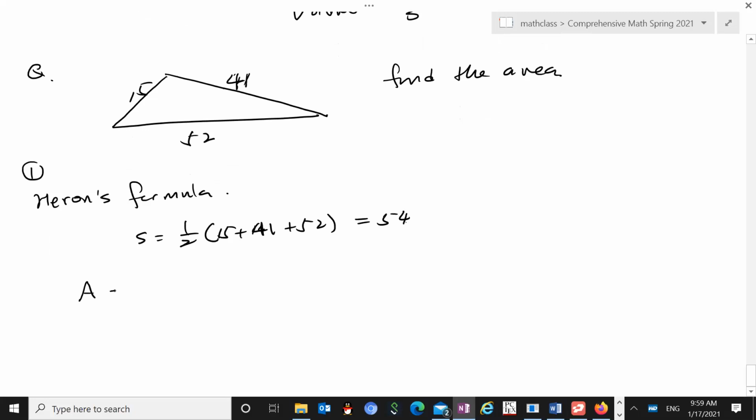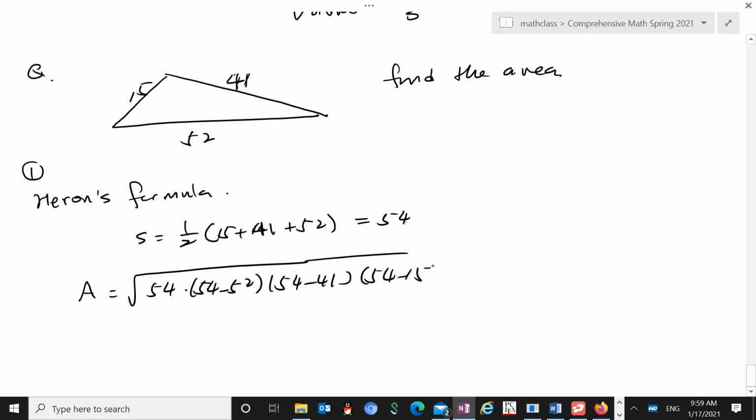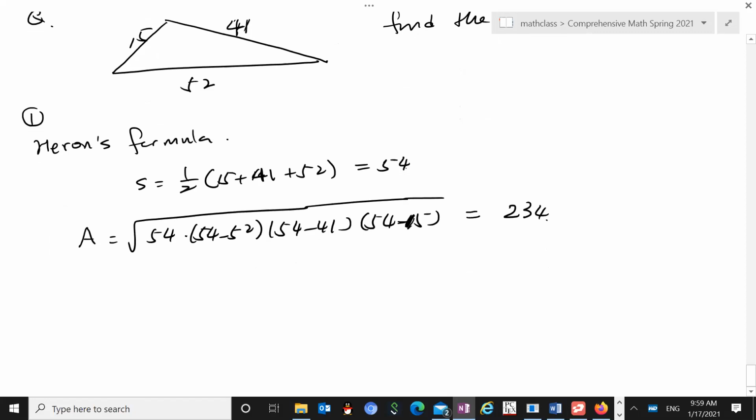Then the area is going to be 54, and 54 minus 52, 54 minus 41, 54 minus 15. You have to simplify this expression, and this actually becomes an integer. It's going to be 234. Okay, that's the first method.